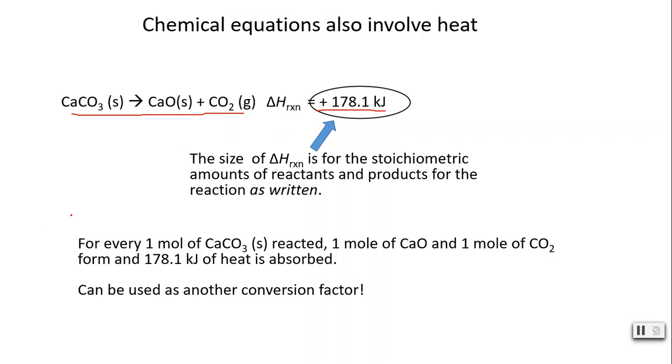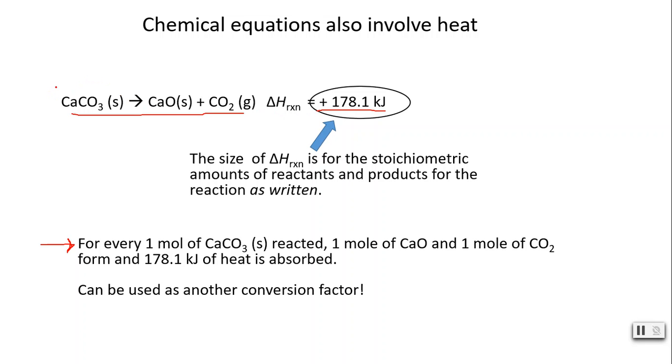And what I just said is written down here. So just like you can use coefficients from a balanced chemical equation to write relationships as conversion factors, I can use the amount of heat that is absorbed or released in a reaction that will be given to you in the problem to relate moles of reactant and product to amount of heat.